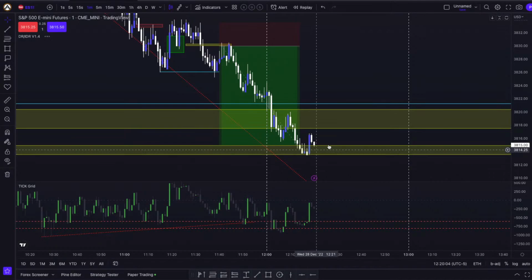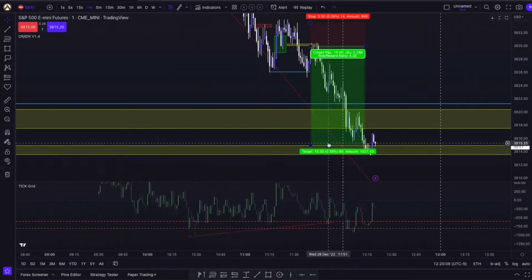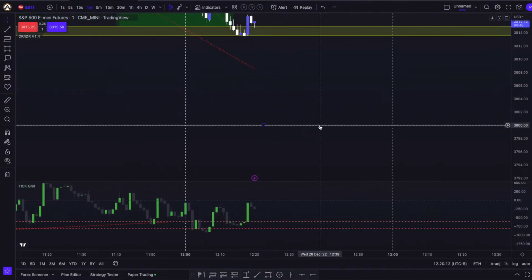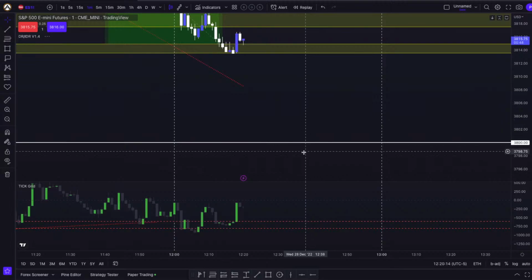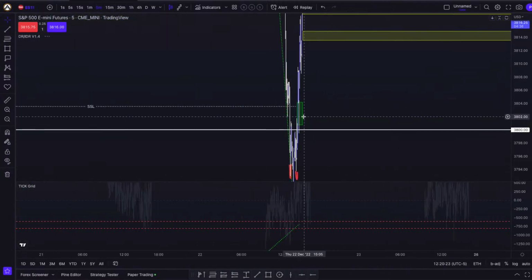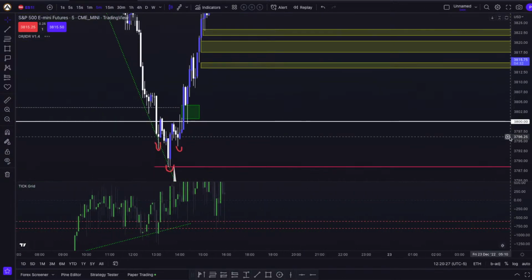We now filled in this last, I think it was a 5 minute fair value gap here to the downside, below this major sell side liquidity, before we hit our next key level of interest, which would be the 000 level of 3,800. So on a 5 minute chart, let's see if we have any fair value gaps left behind or order blocks.